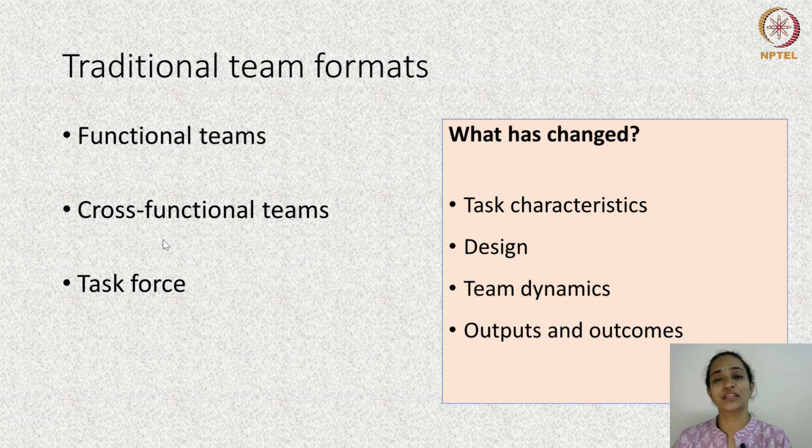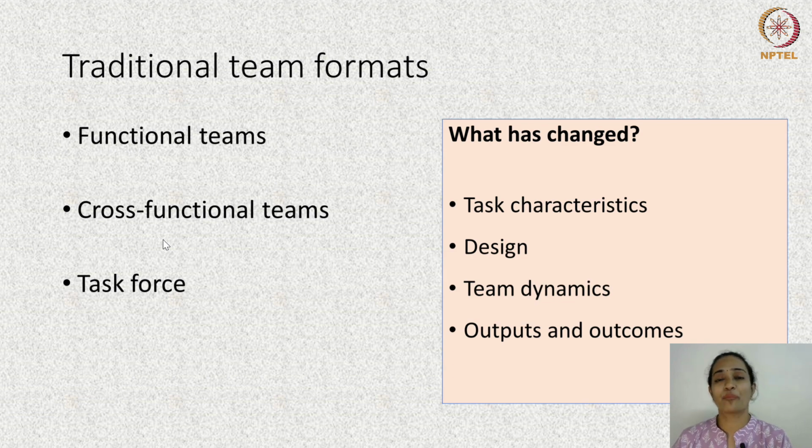Now the traditional team formats with which we are familiar are functional teams, cross-functional teams, and task forces. Functional teams usually are seen in departments and they all come from the same functional background.